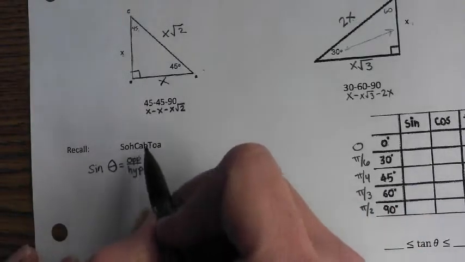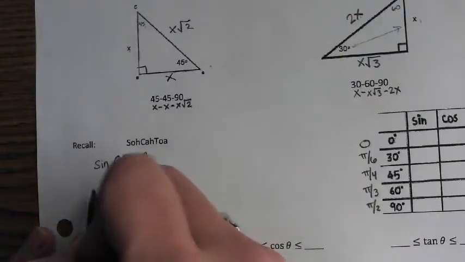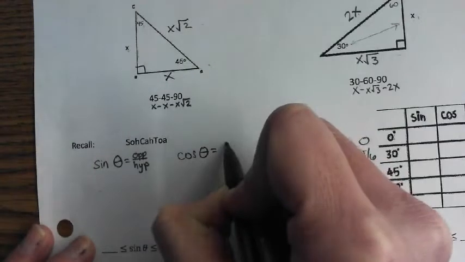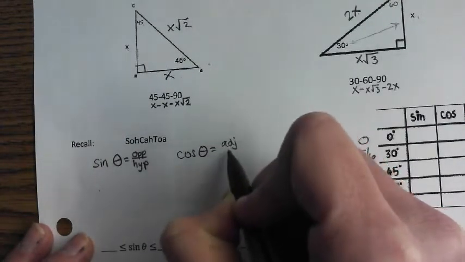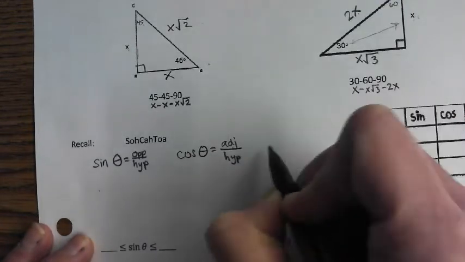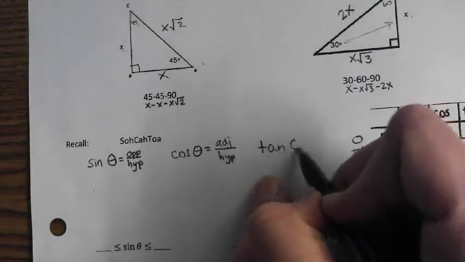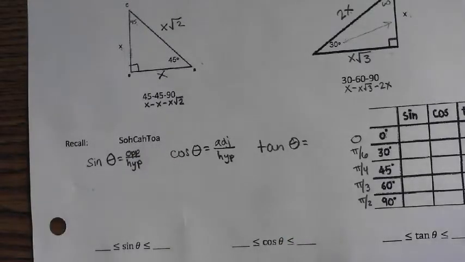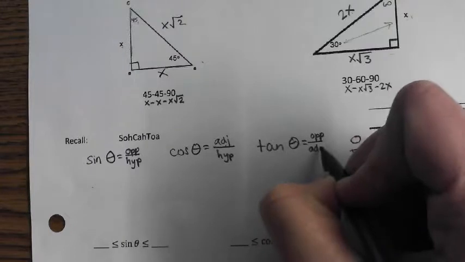When you say ka, very phonetically, remind yourself that that's an A. The cosine of an angle is always equal to, what's the A stand for? Adjacent over hypotenuse. And then the tangent of an angle, so the tangent of theta, is always equal to TOA. What does the O stand for? Opposite over adjacent. You remember that?